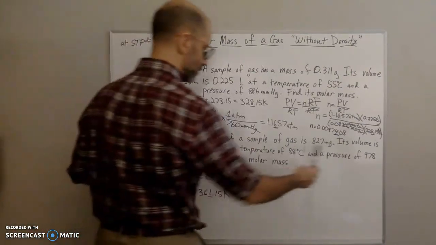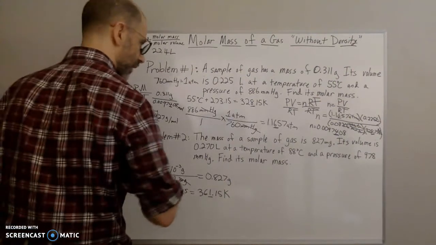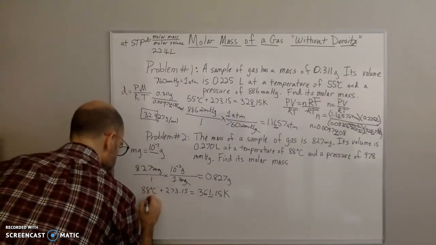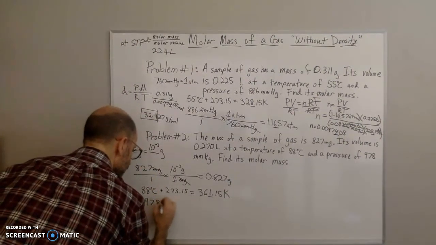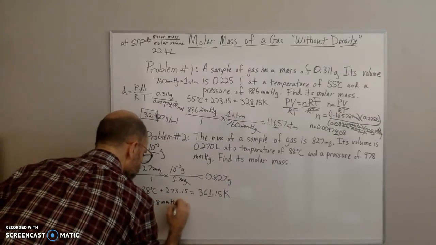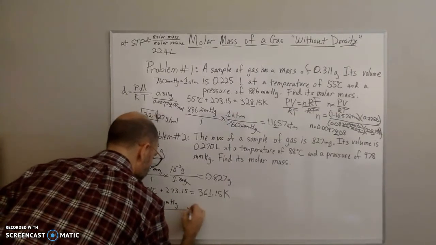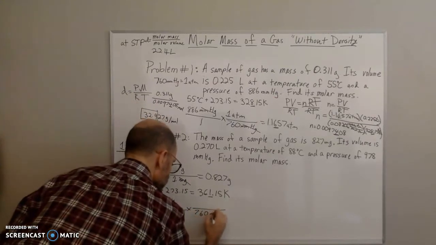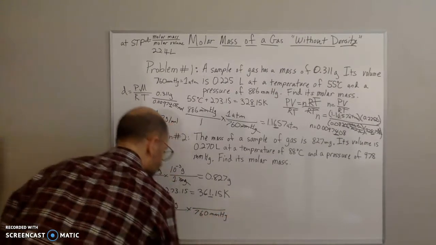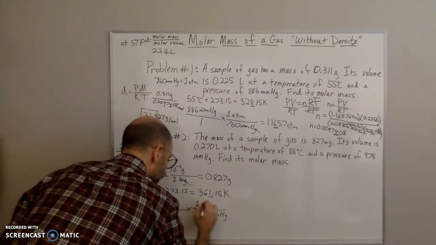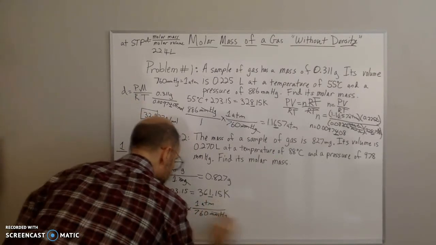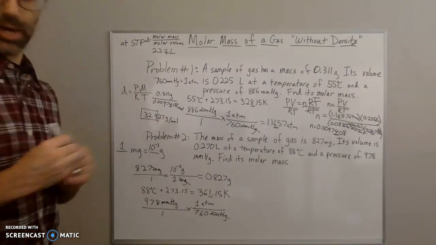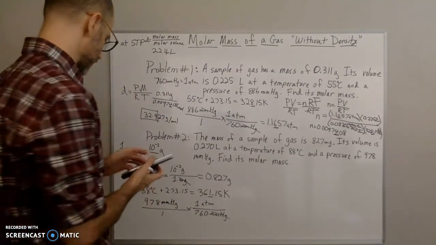Okay, and lastly, I have 978 millimeters of mercury, and I have to convert that to atmospheres. Again, 760 millimeters of mercury goes on the bottom, 1 atmosphere on top. Millimeters of mercury cancel out, so let's calculate what that is.